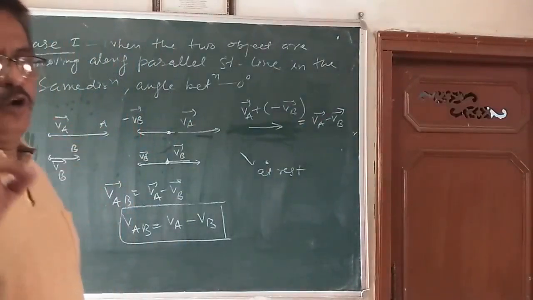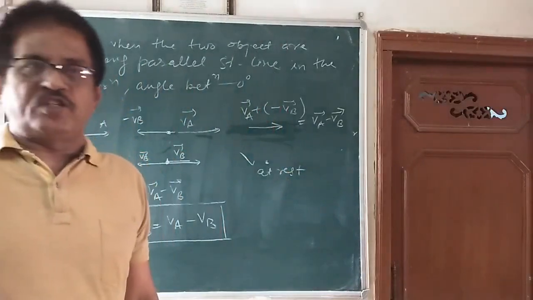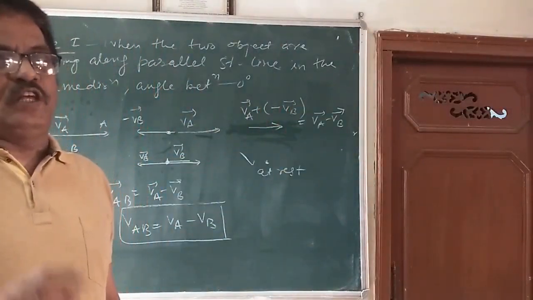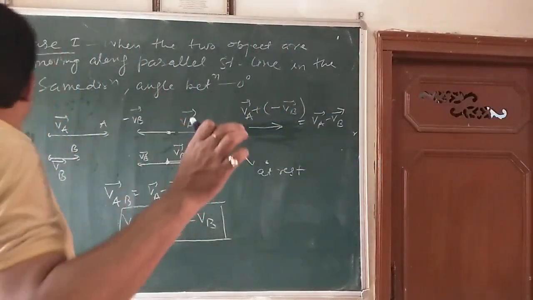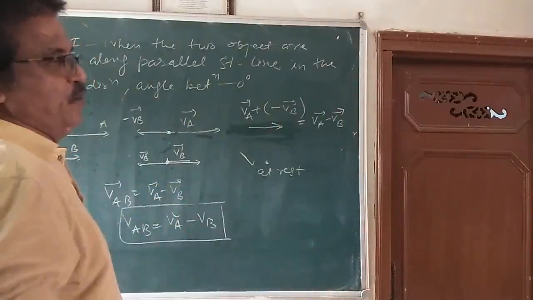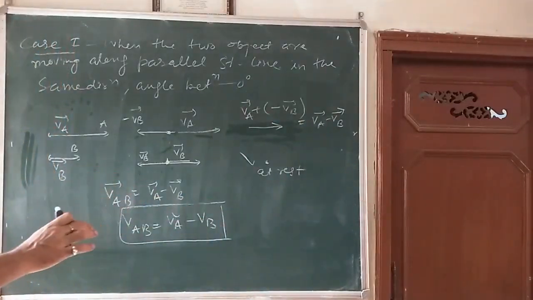The velocity of the object A is 50 km per hour. Velocity of B is 30 km per hour. So what will be the relative velocity? The relative velocity is the difference of these two. 50 minus 30, that is 20 km per hour. Is that clear? This is called relative velocity.